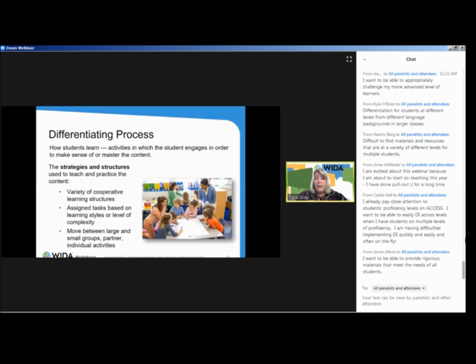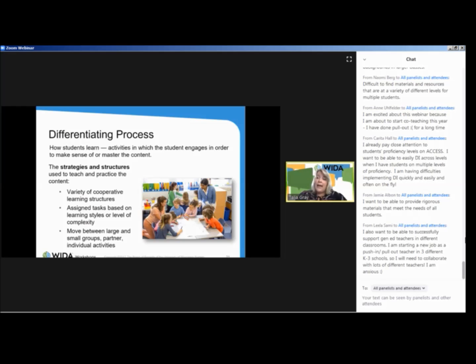Someone mentioned making groups based upon WIDA access level scores. That's a great idea. You could have assigned tasks based on learning styles or level of complexity. And you could also in your class move between large and small groups, partner and individual activities.